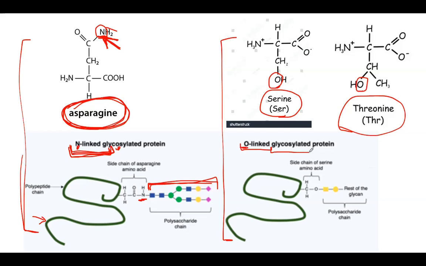In other words, this oxygen is what attaches to the sugar. So I can only have O-linked glycosylation if I have serine or threonine, because they have oxygens, and these oxygens are needed for the attachment to sugars. Is that clear?